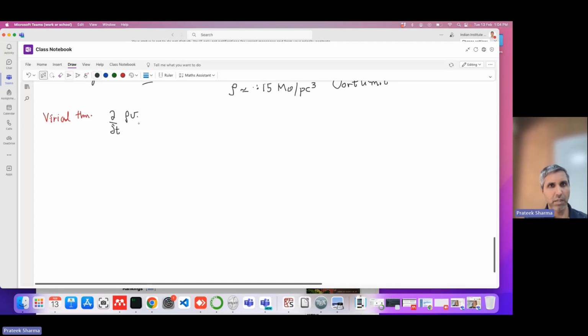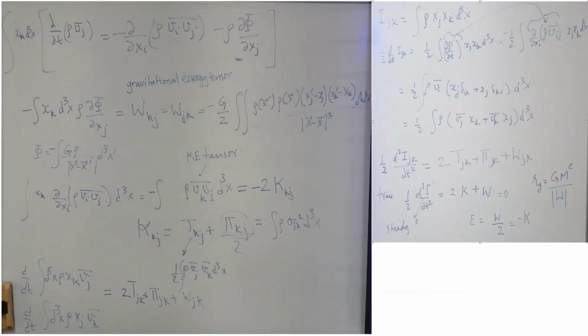Let's write down the rho Vj. I'll abandon writing here and just write on the board. So you have rho Vj bar.